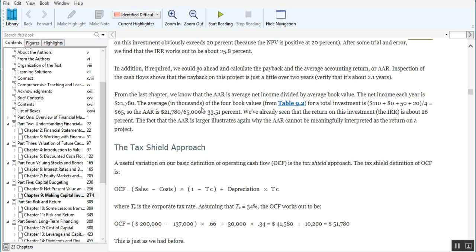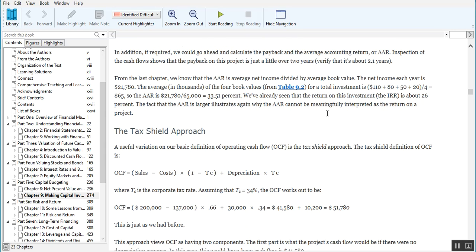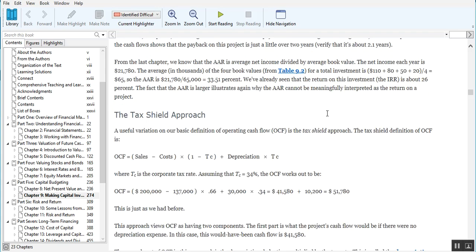And then the average accounting return is calculated to be 33.51%. And that really demonstrates how far out it is from the internal rate of return, and probably how it's not an accurate reading of what the return rate is on the project.